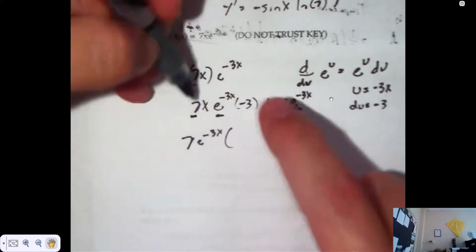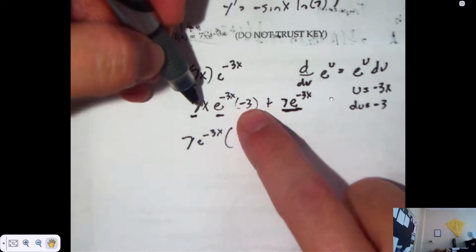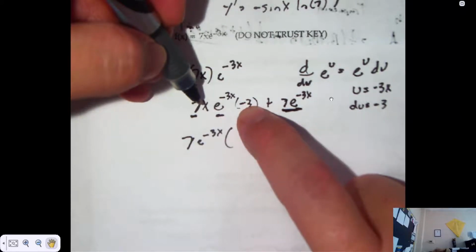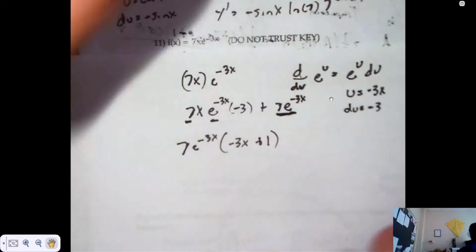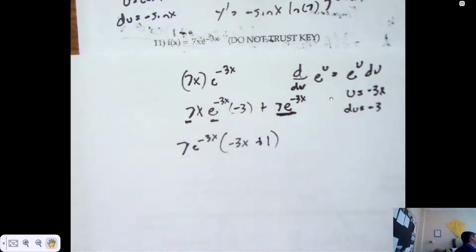And what would be left in the first piece is this x times a negative 3, which is a negative 3x. And from the second piece, you'd have the understood 1 left over. So that would actually be how that one would appear. They would pull something if they could pull it.